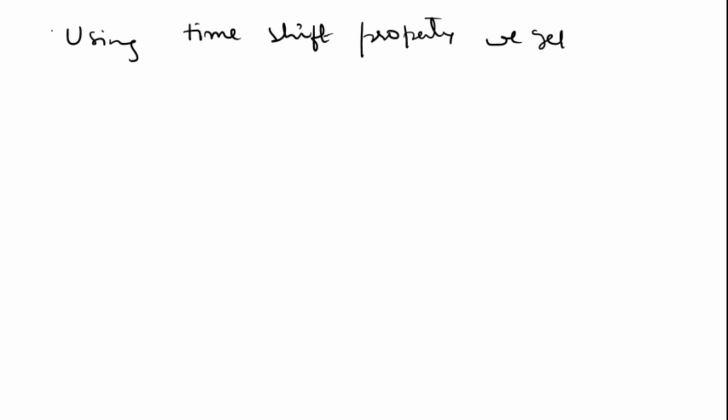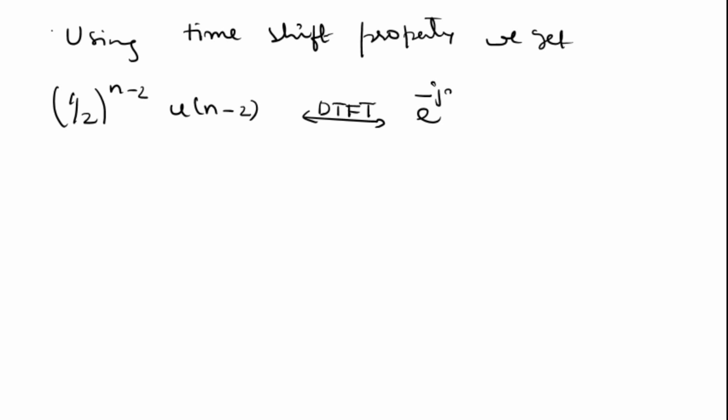And using time shift property, we get half to the power n minus 2 into u of n minus 2. If I take DTFT, we get e power minus j 2 omega into 1 divided by 1 minus half into e power minus j omega.